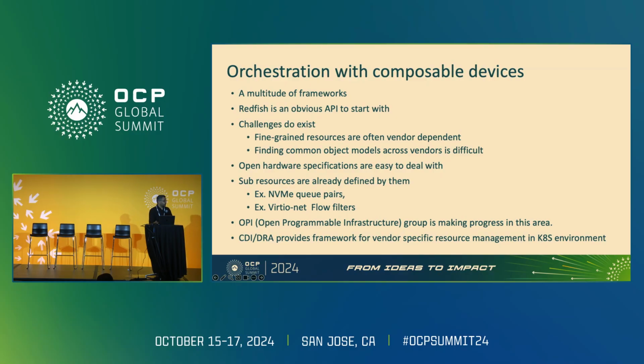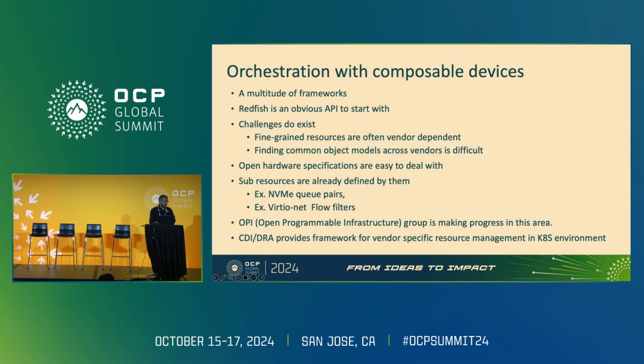Open hardware specifications obviously are easier to deal with. They already define these atomic resources like NVMe, QPairs, net flow filters, queues, whatever. So we have multiple frameworks in this area.